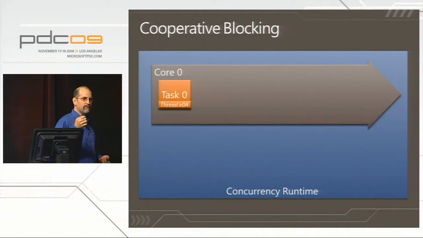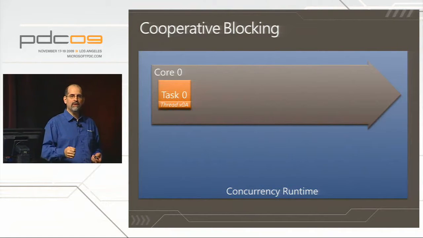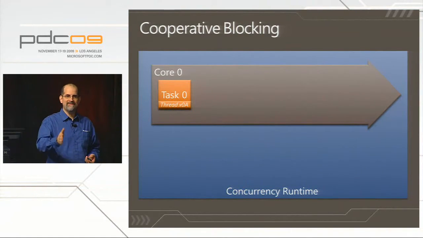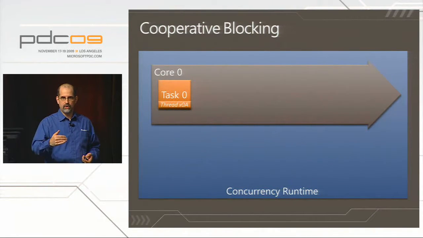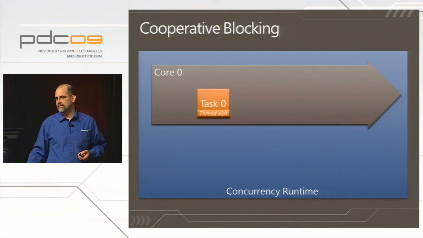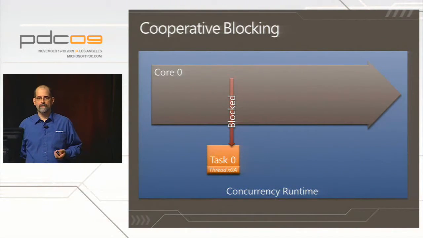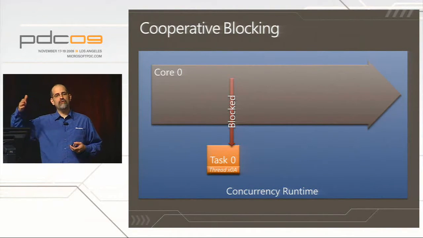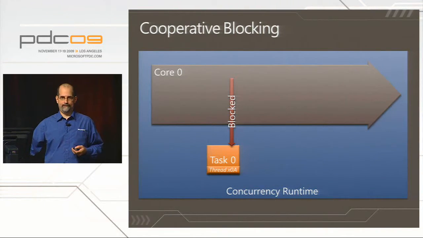Cooperative blocking is probably the single most important thing that we're bringing to the table here. You can do a lot of things with threads today, but when you take a lock, you need to go into the kernel. With cooperative blocking, I run my task, and when it's blocked, that notification is given to the runtime.